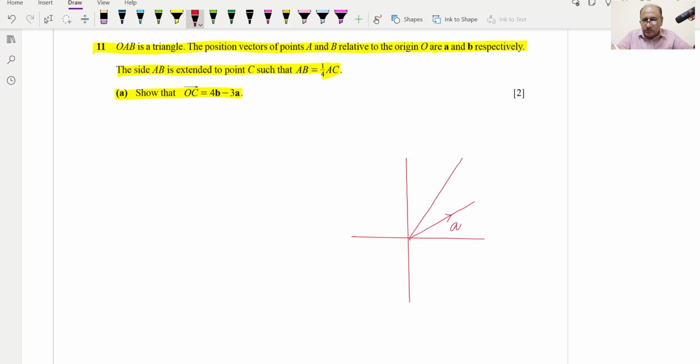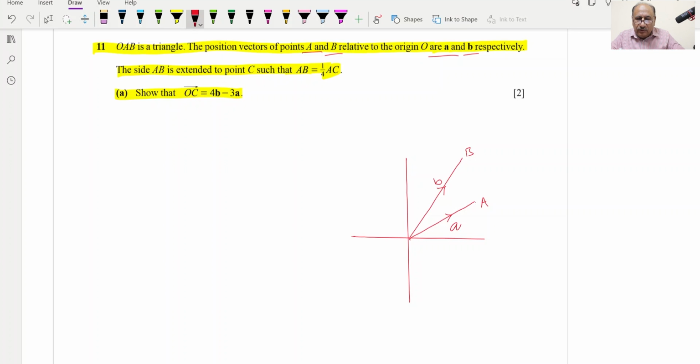Now the side AB is extended to C such that AB is equal to 1 by 4 of AC.